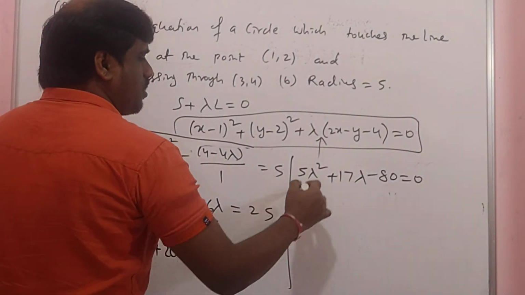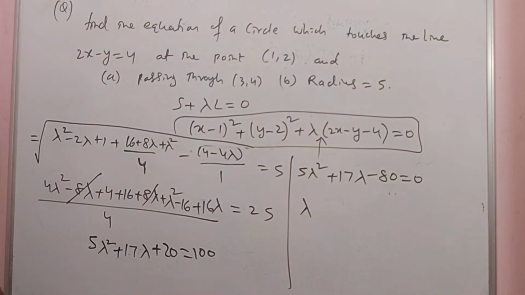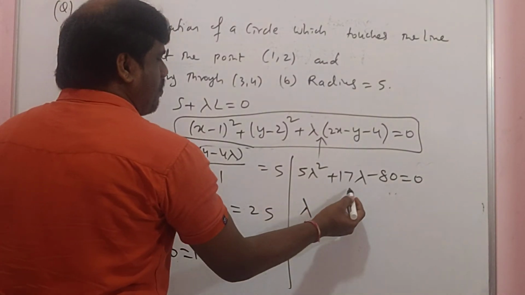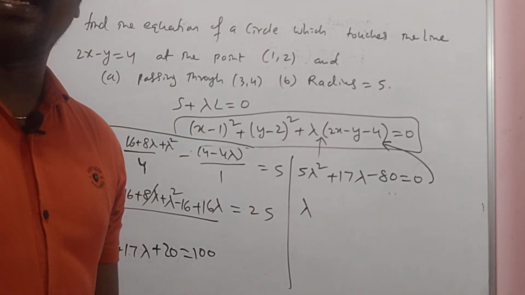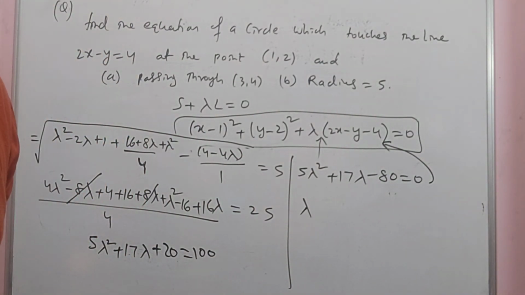You can split this one. 17 table, which table, 13 table, yeah, 400, this is 400, just check it, that table, 8 5s are 40, so 400 you will get. So just you check this one, so you get the lambda values, that lambda value you put here, therefore you are going to get the required circle.